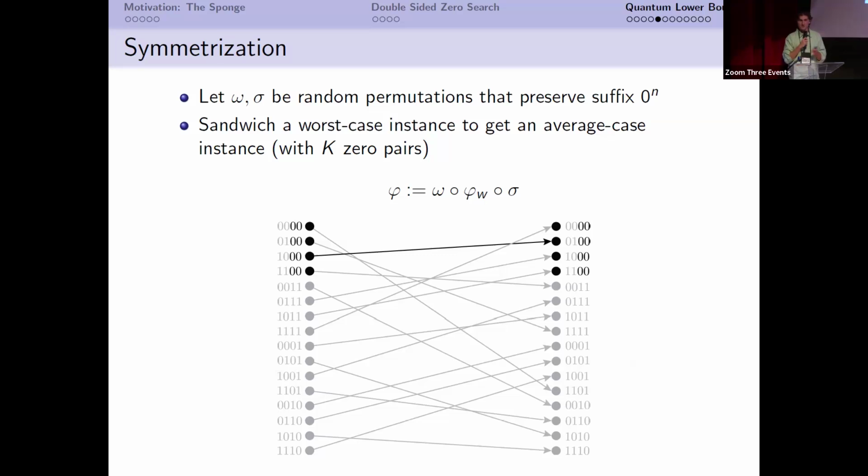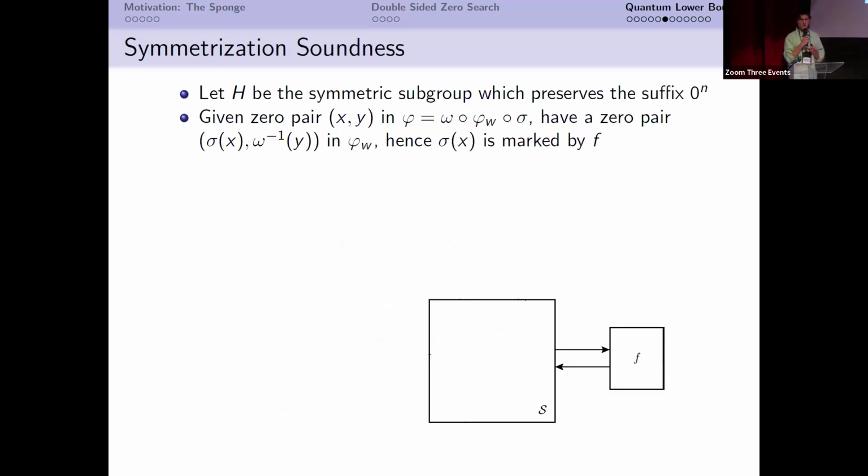Great, but how do we prove that this is actually sound? Okay, we'll do two steps. First of all, I want to convince you that we can still extract marked elements of our unstructured search instance from this permutation. It's in words there, and I'll also explain it in pictures.